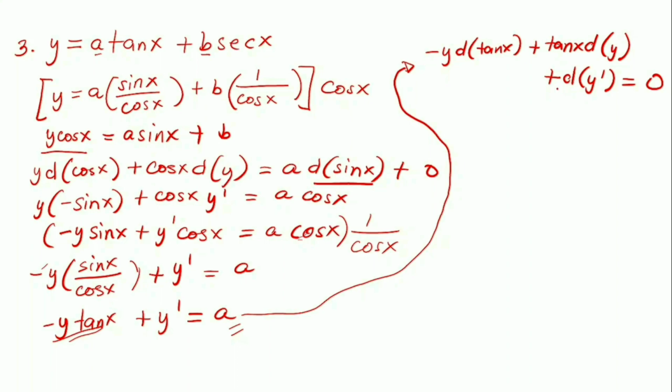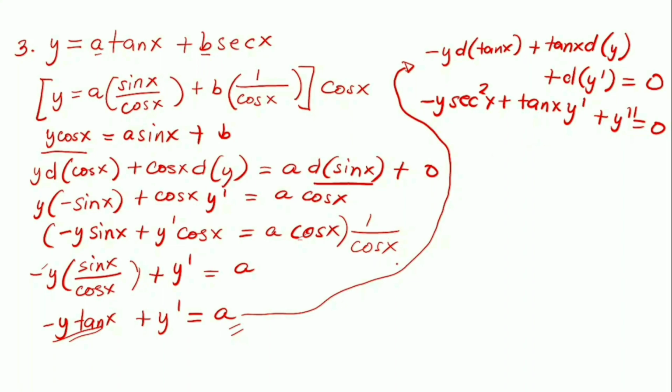Okay? So, negative y, the derivative of tangent x is secant squared x. Okay? Plus tangent x, the derivative of y is y prime plus y double prime is equals to 0.